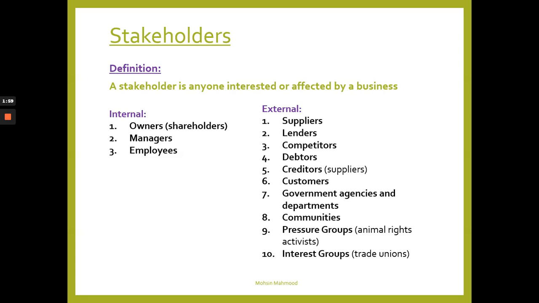We've got debtors and we've got creditors. Now a debtor is when a business owes another business or organization money, and a creditor is a business or organization to whom money is owed. Okay, so for example, if Tesco takes a loan from a bank, Tesco is the debtor and the bank is the creditor.